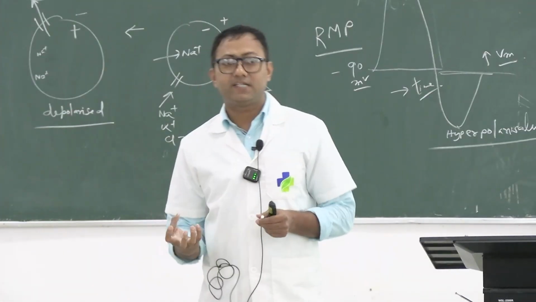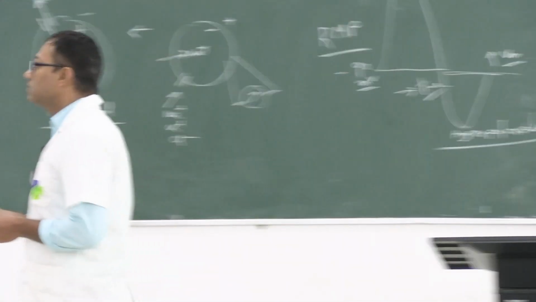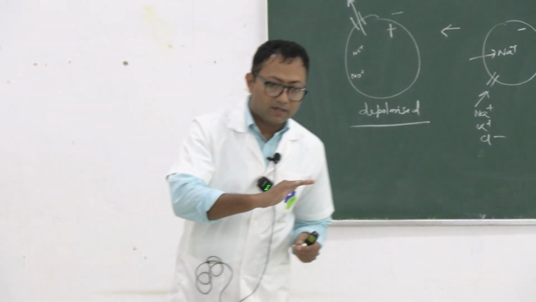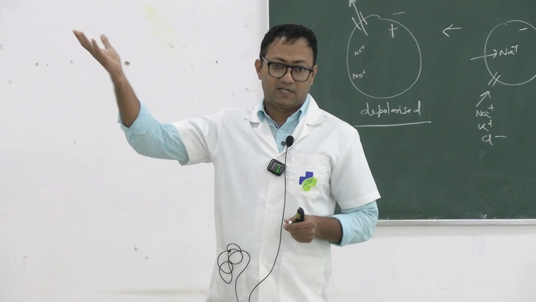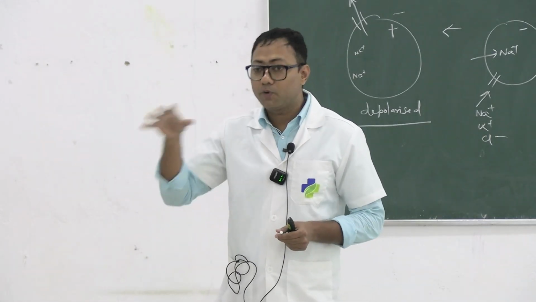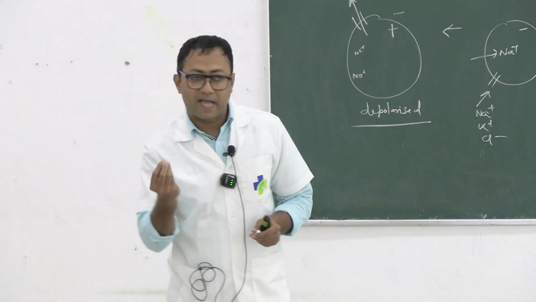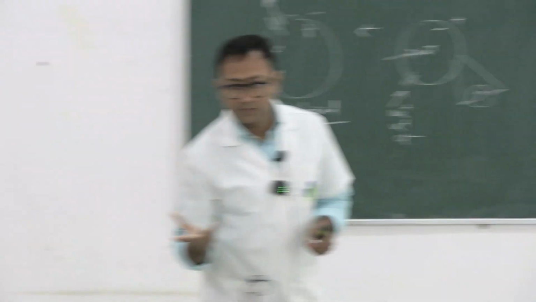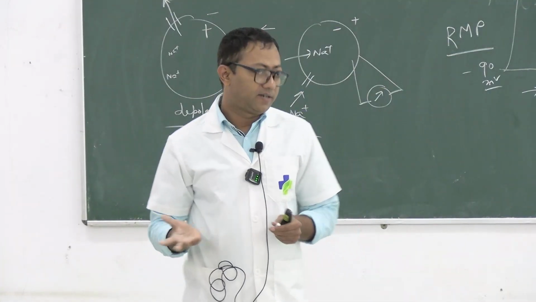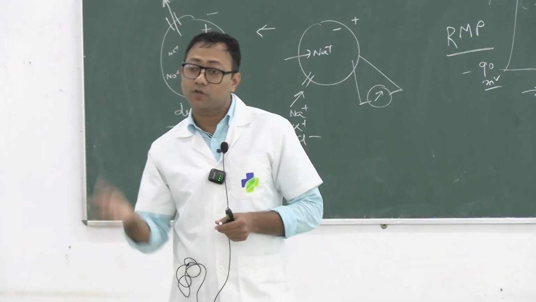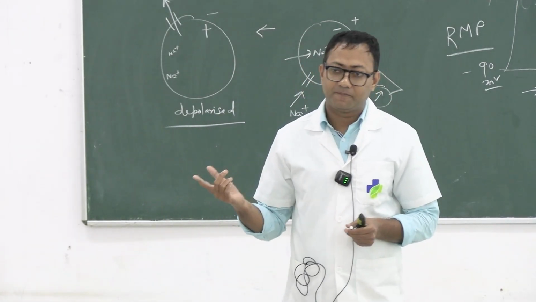To be excitable means resting membrane potential to depolarization, to be depolarized. So to be depolarized the cell must have ion channels, right? If it has ion channels, then the cell will depolarize, clear?